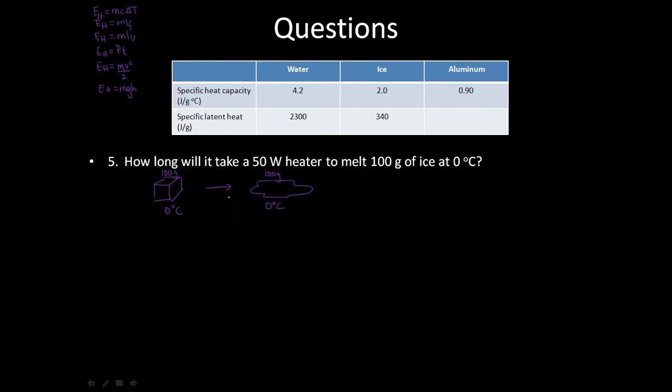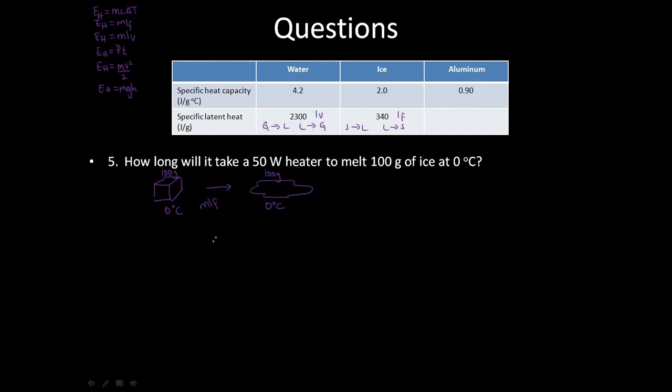So there's no change in temperature. Therefore you're not going to be using MCAT. You're going to be using MLF, because you're going from solid to a liquid. So let's not forget solid to liquid, and liquid to solid refers to MLF, LF. And LV refers to gas to liquid, or from liquid to gas.